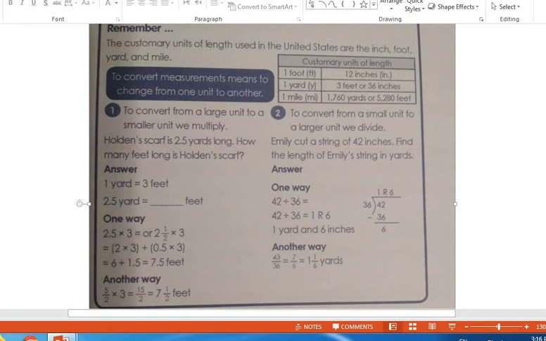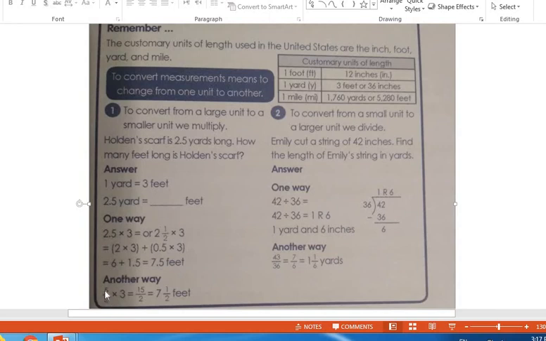Another way, we convert the mixed fraction into an improper fraction. Can you remember with me? 2 times 2, 4. 4 plus 1, 5. So it will be 5 over 2. This is how to convert the mixed fraction into improper.